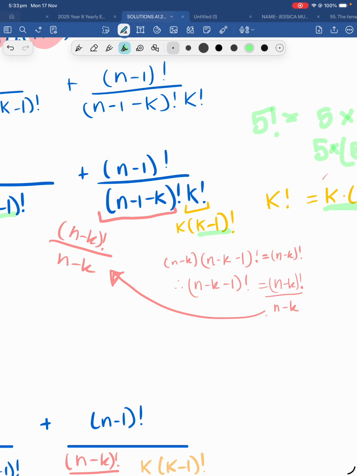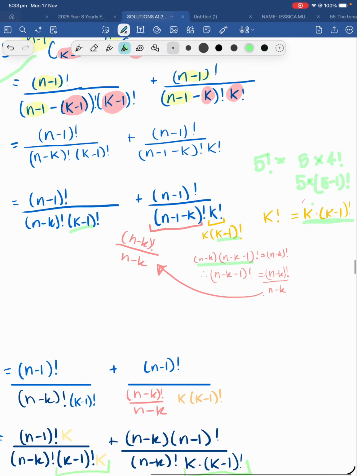A very similar method to what I just did with the k's. I said, well, n minus k timesing by n minus k minus 1 would just be equal to n minus k factorial. It's the exact same idea that I just did here with my k's in yellow: if you're subtracting 1, if you just times by that original part, it's that factorial.